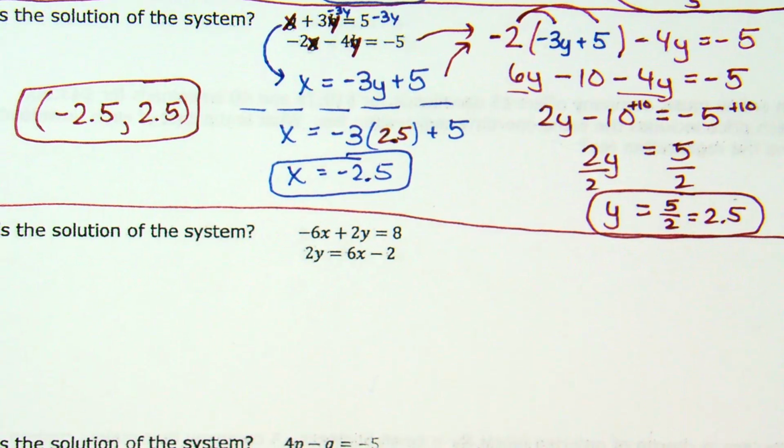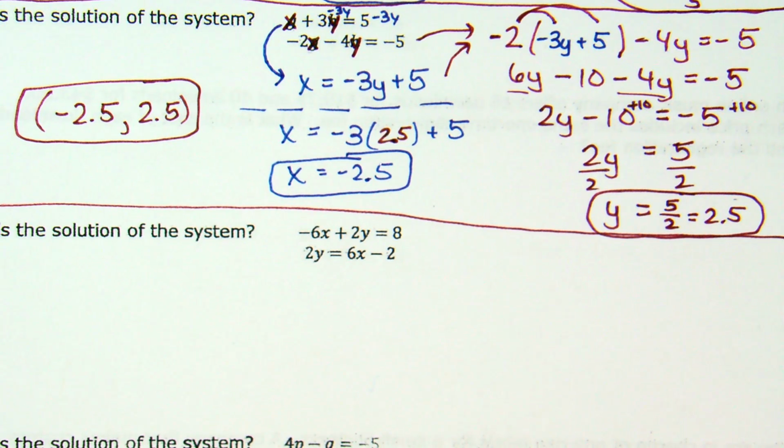Negative 6x plus 2y equals 8. 2y equals 6x minus 2. Okay, name of the game is substitution, so which equation do you want to solve for which variable? I said bottom line. Oh, just divide everything by 2. Yeah. Divide. Jaden, you can do the top one if you want.